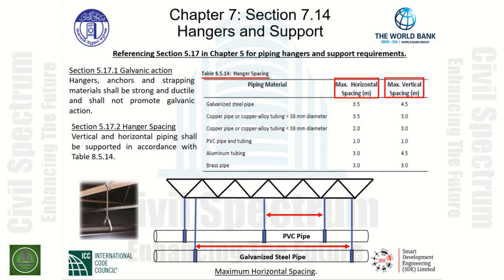And by applying the table, we can see that the maximum horizontal spacing for this particular material, galvanized steel pipe, is 3.5 meters. For the PVC pipe that is indicated in the drawing, the maximum horizontal spacing between hangers for PVC pipe is 1 meter.